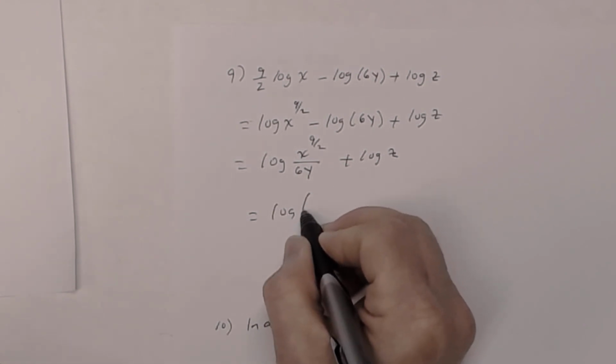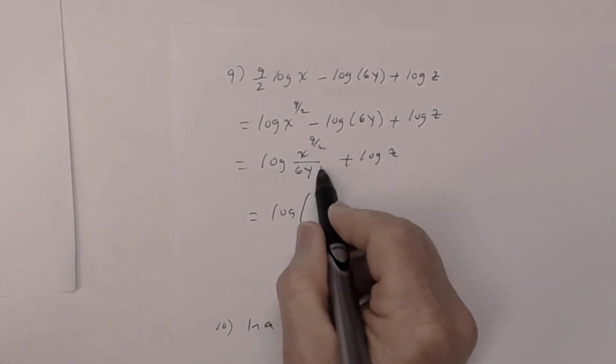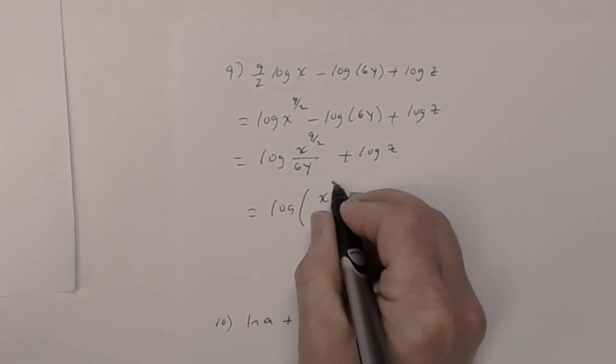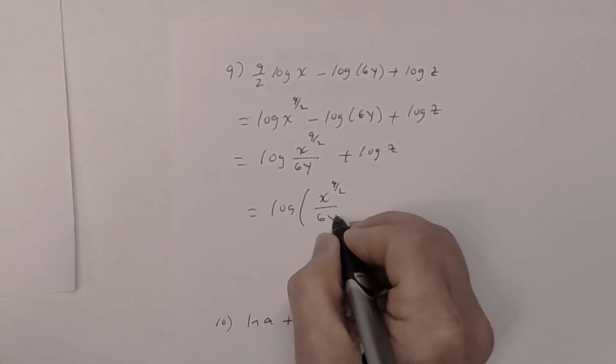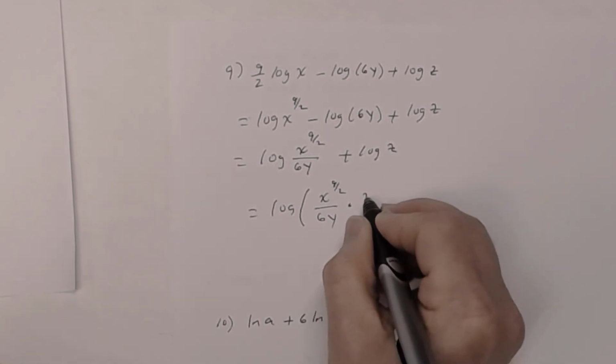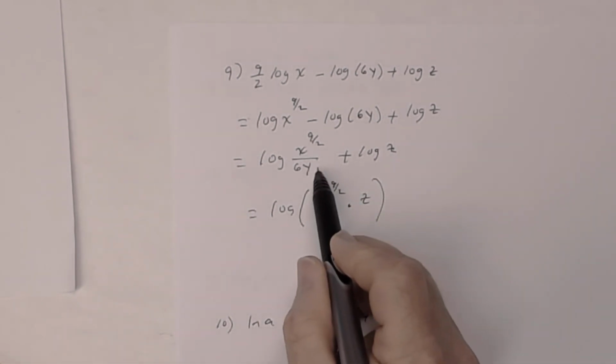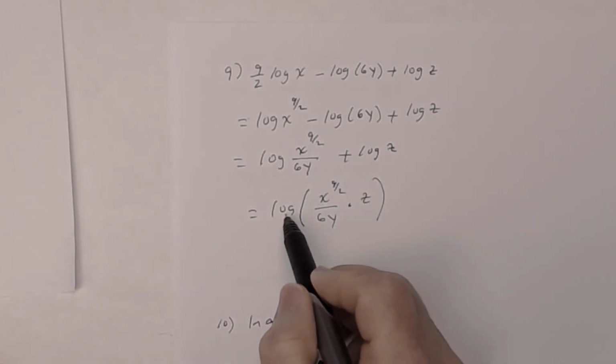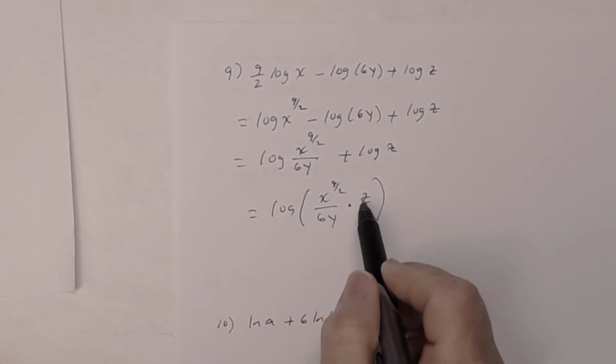So let me go ahead and put that in parentheses here. So it'll be the first fraction, the first argument, x to the 9/2 divided by 6y times the second argument. Okay? So the sum of these 2 logs, when condensed, is the log of the product.